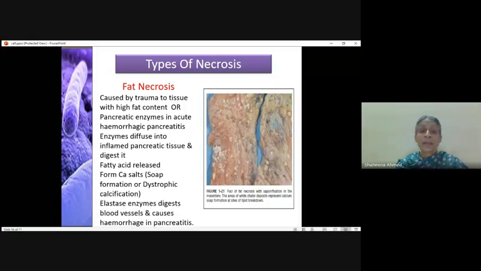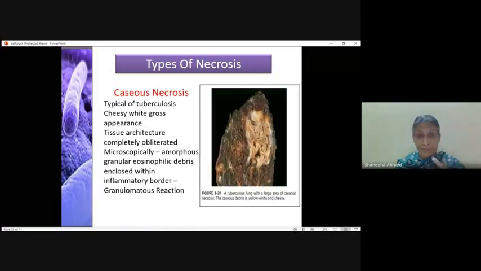If it is due to pancreatic enzymes in acute hemorrhagic pancreatitis, where the enzymes diffuse out of the inflamed pancreatic tissue and start eating the pancreas, then it is known as the enzymatic type. So fat necrosis can be traumatic or enzymatic, but in both cases, the tissue should have high fat levels.